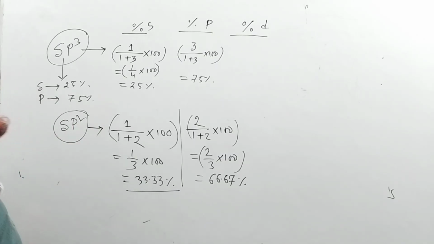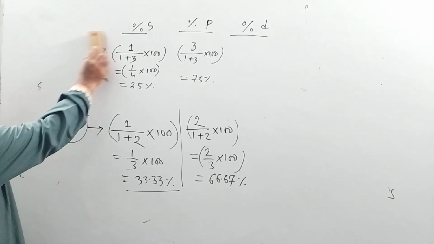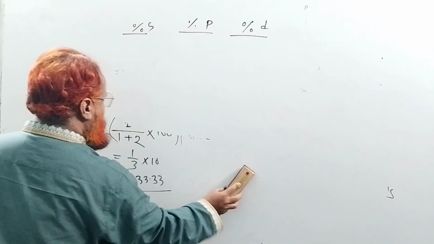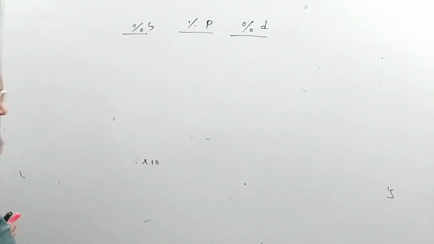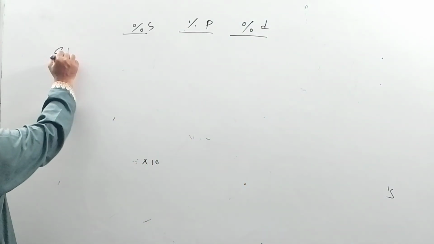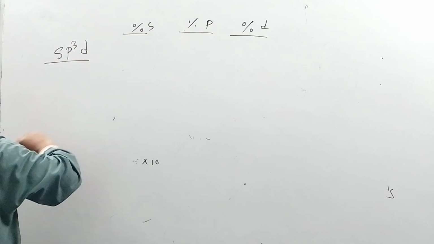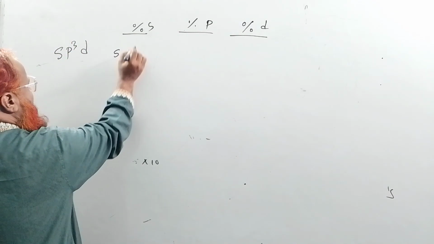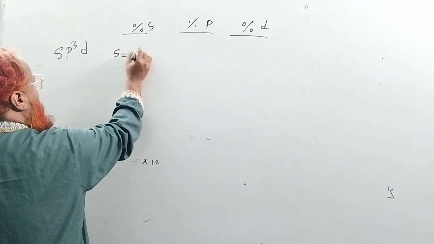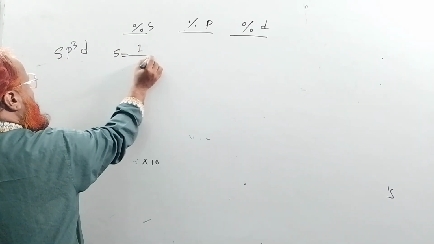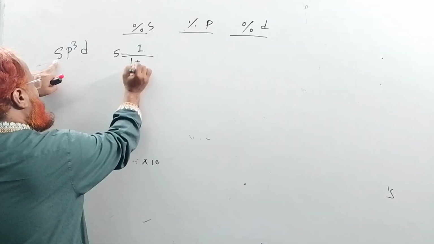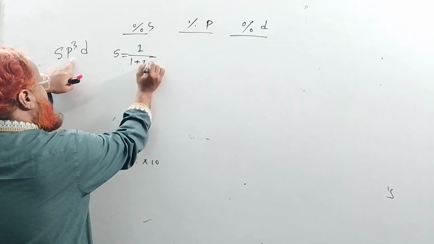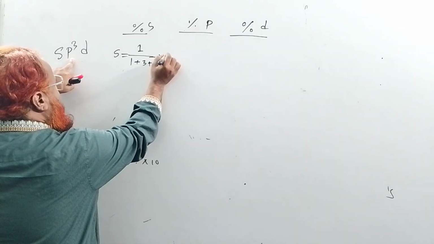Now one example with d orbitals, for example sp3d. Here the percentage of s: s is 1, and the total is s 1, p 3, d 1, into 100.